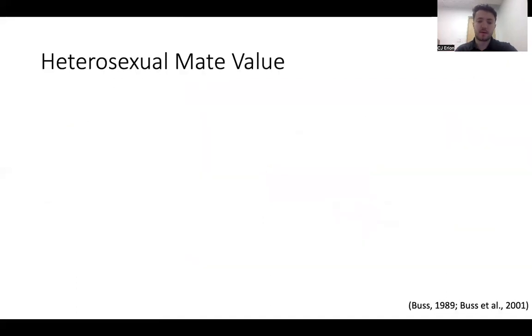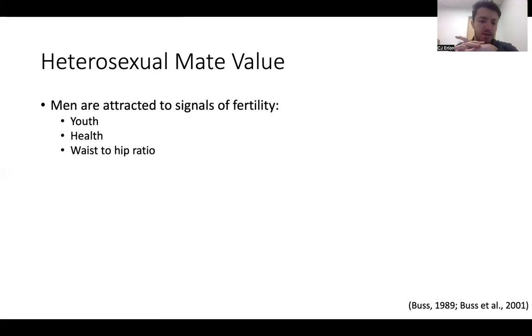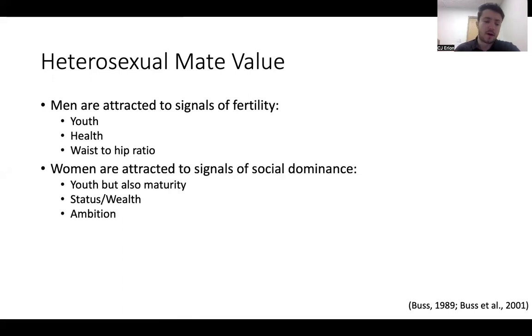So heterosexual mate value, again, based on this theory, there are biological differences that interact with various societal roles and cultural aspects that then in turn change what each sex looks for in a potential mate. So based on this theory, men are attracted to signals of fertility, like youth and health, and signals of youth and health, like a waist to hip ratio. Whereas women, based on this theory, are attracted to signals of social dominance, such as youth, but also maturity.